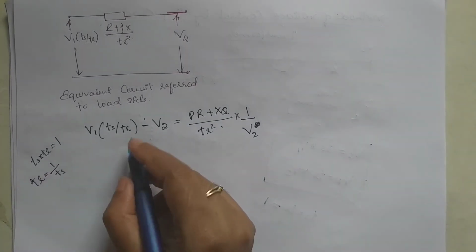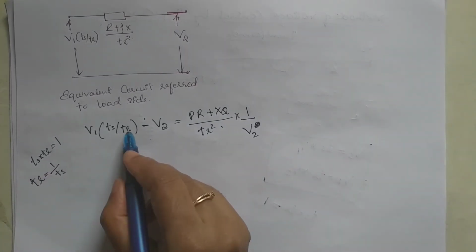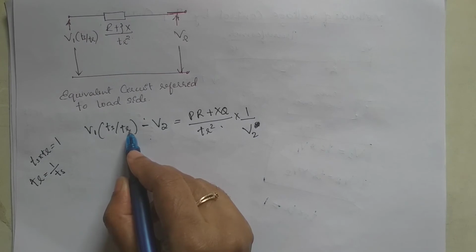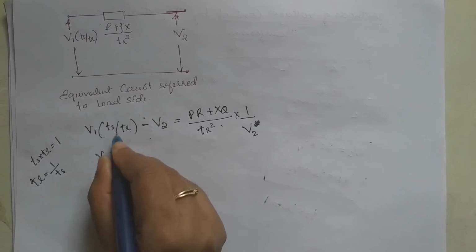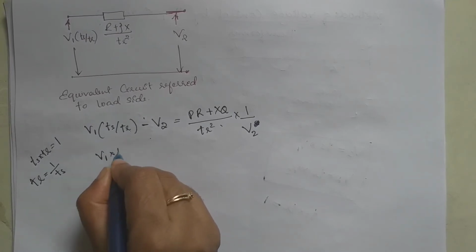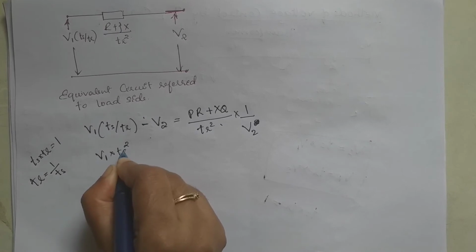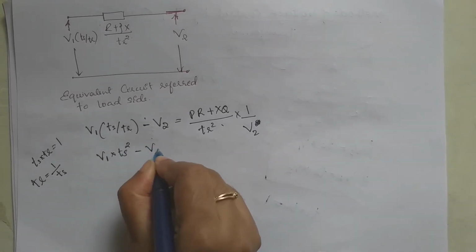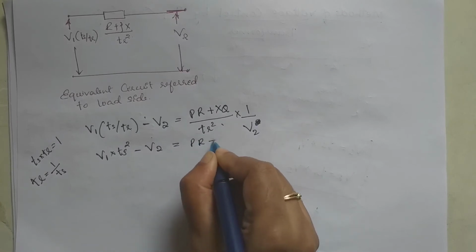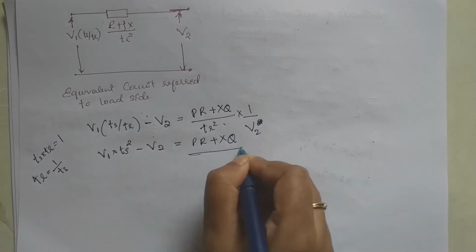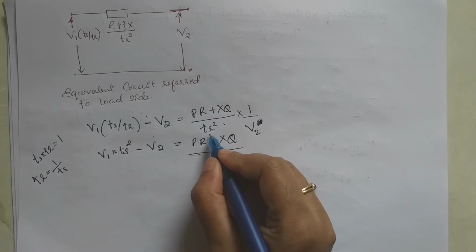Wherever Tr is there, you substitute 1 divided by Ts. Here 1 divided by Tr is already there, so 1 divided by Tr is equal to Ts, correct? So V1 into Ts it becomes Ts square minus V2.